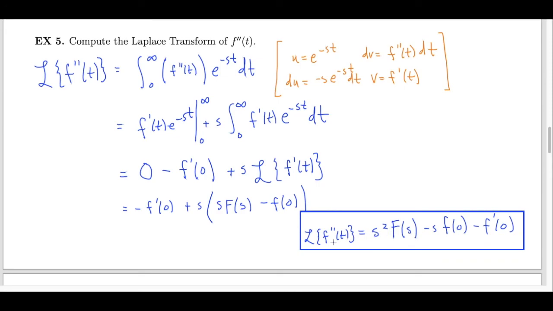And so I can think of this transform of the second derivative as s squared times the transform of the original function. This is a pattern from these last two examples that we could continue, and we could pretty easily identify the transform of f triple prime and then f quadruple prime as necessary. For our purposes in this lecture, we'll stop here with double prime, but you may see those results in the future.